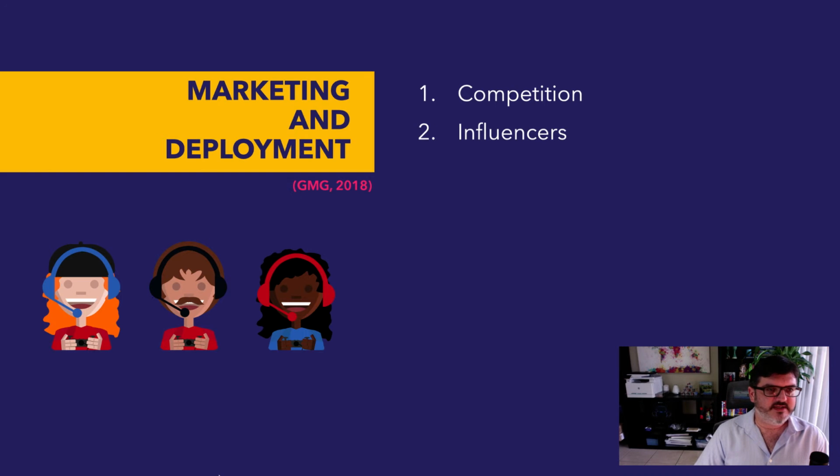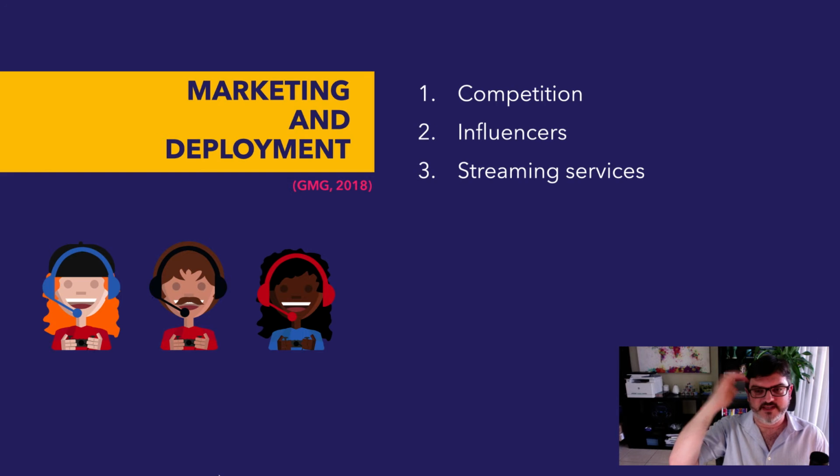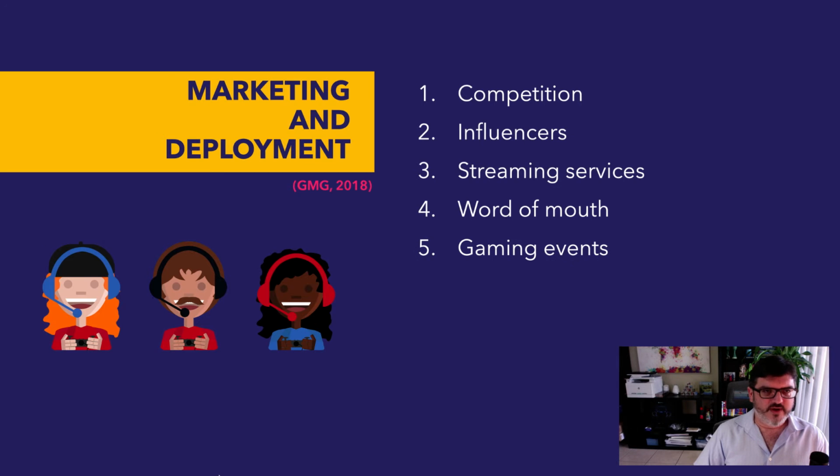You can seed it out to influencers. One top influencer plays your game and posts a video on it, and boom, your game can go viral. Or get into the app store as a highlighted game or something like that. Could be amazing. Seeding it out on streaming services, word of mouth, entering into gaming events or creating gaming events, creating behind-the-scenes videos, the making of.